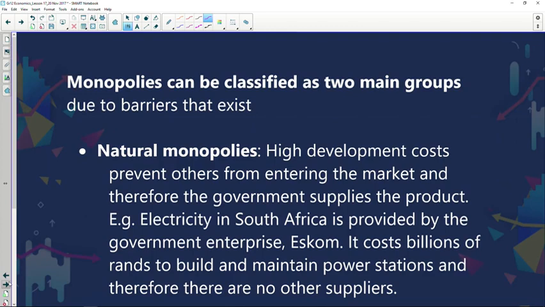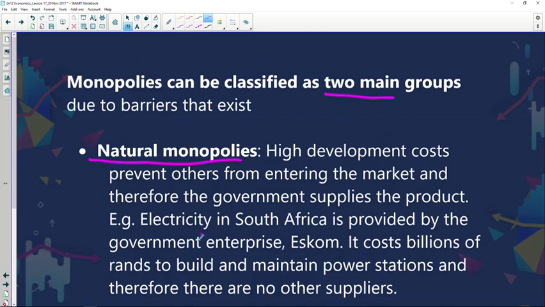Right, moving right along. Monopolies can be classified into two main groups due to the barriers that exist. We've got what we call the natural monopolies. High development costs prevent others from entering the market, and therefore the government supplies the product.